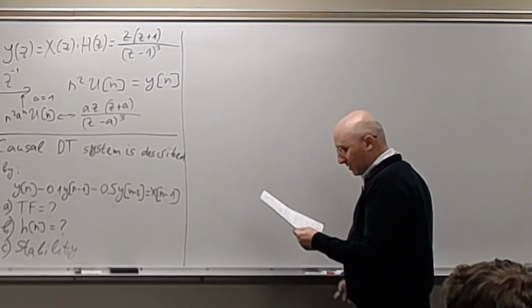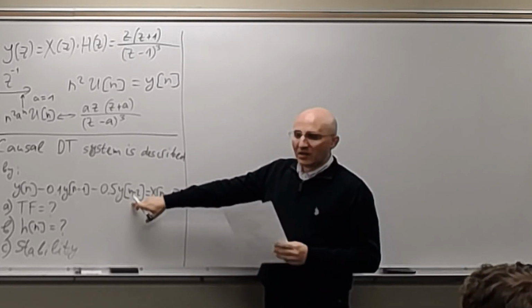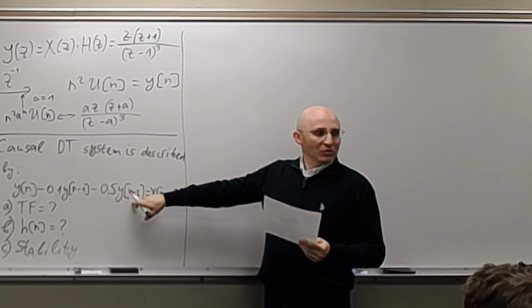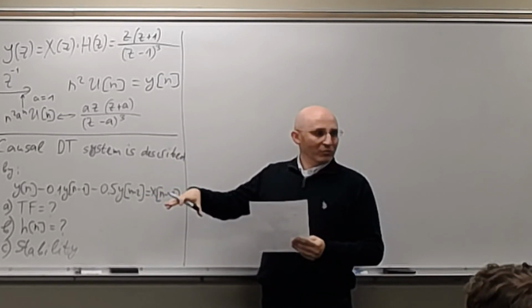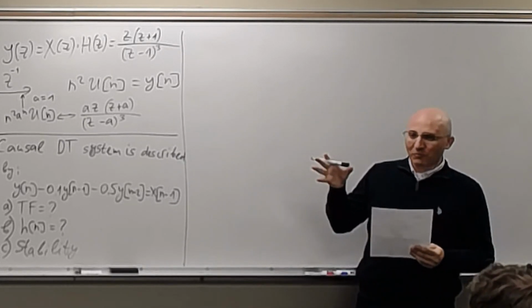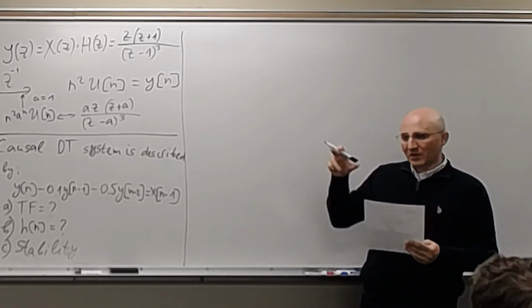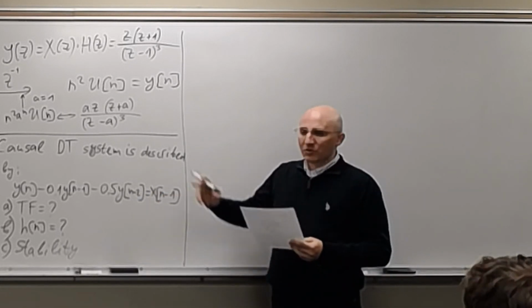So let's see what happens. Basically, any delay is multiplying by z to the minus 1. This is what delay is in the z transform. Just to remind you that in Laplace it was just a derivative. It's multiplication by s. Right? So here it's multiplication by z to the minus 1.